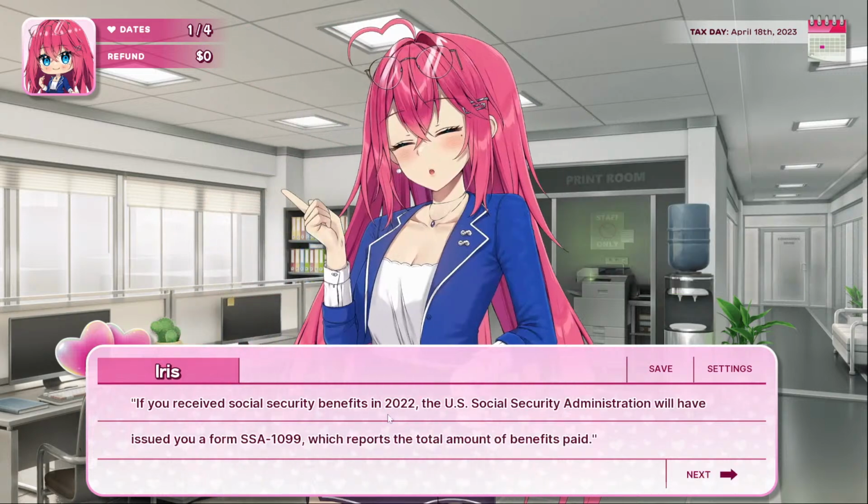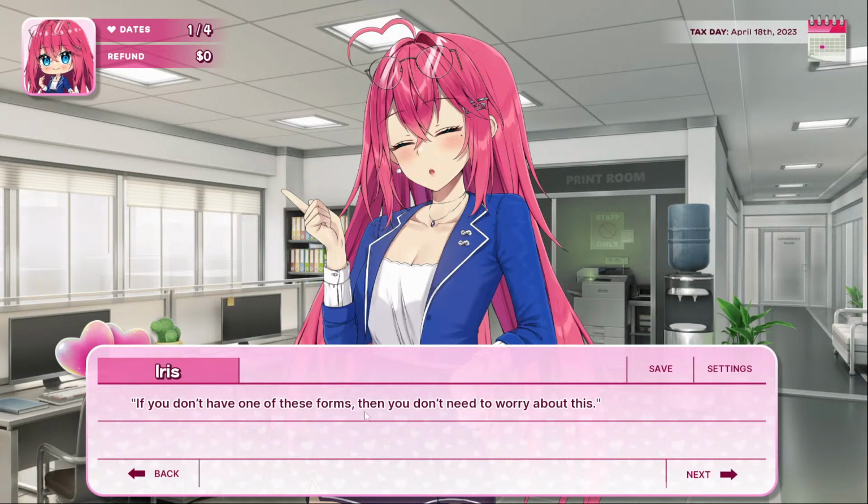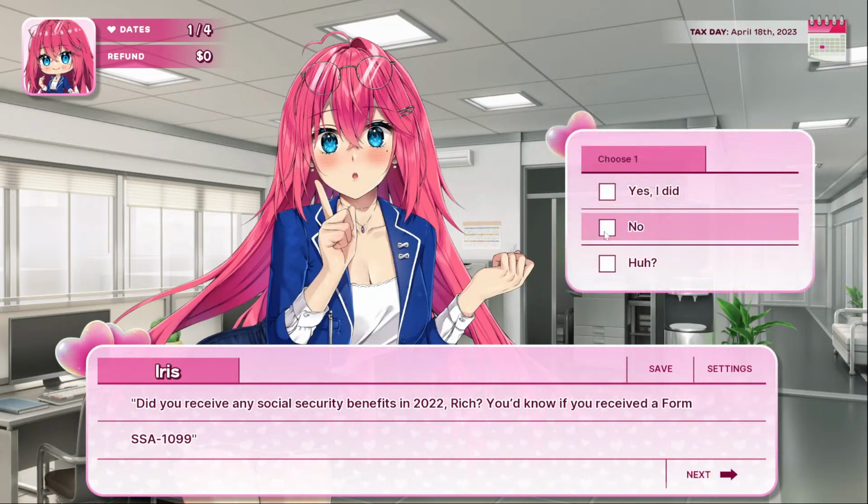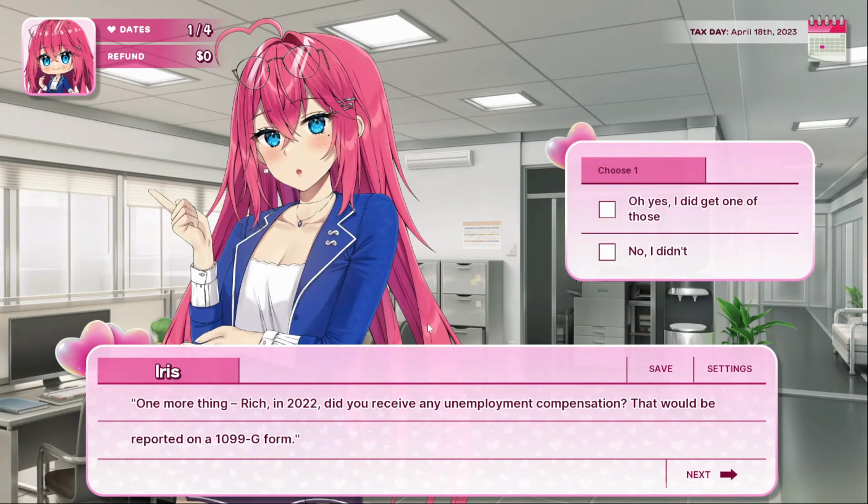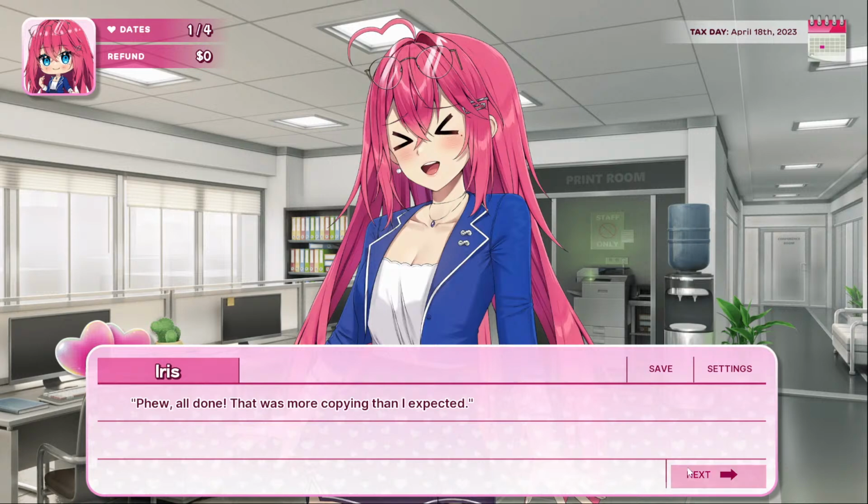If you receive Social Security benefits, the U.S. Social Security Administration will have issued a form. Okay. You don't have one of these forms? Okay, no. Besides just being old, is there any other way you could get Social Security benefits? If you're unemployed or you're injured or you have a disability or what? I have no idea. I'm not American. Rich, did you receive any unemployment compensation? No, I did not.